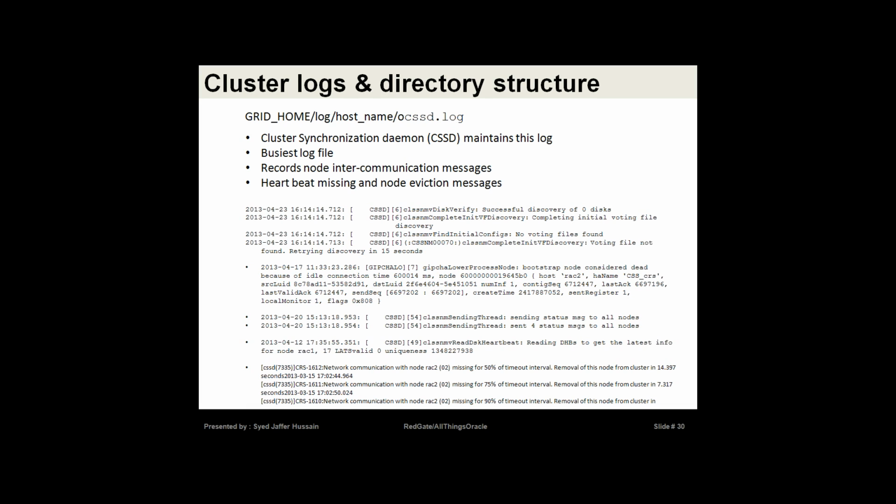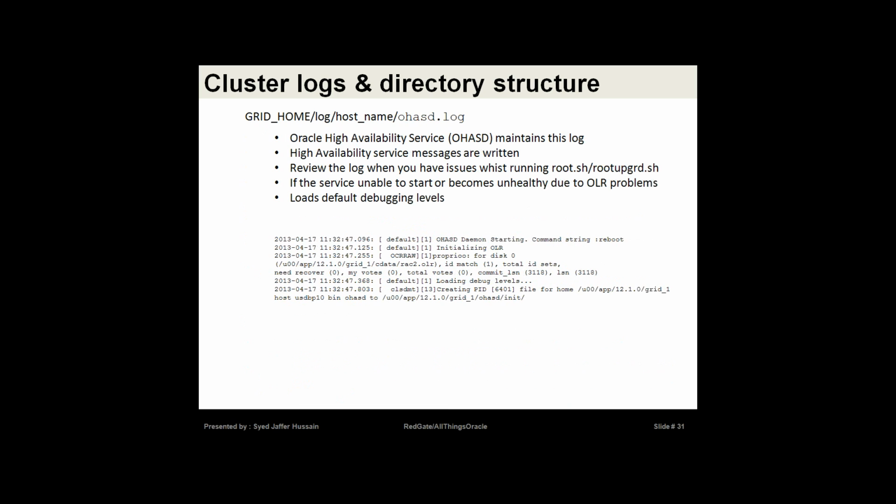Another useful log is OHASD, which is maintained by the Oracle High Availability Services. This is the first daemon process that gets started up when you start your Clusterware on the node.